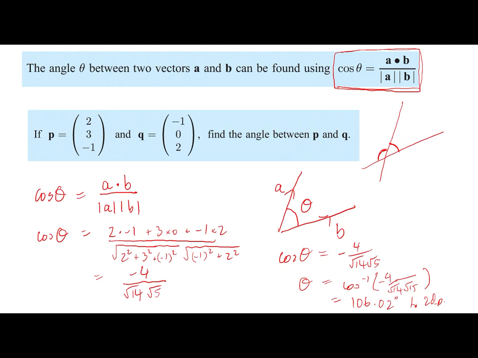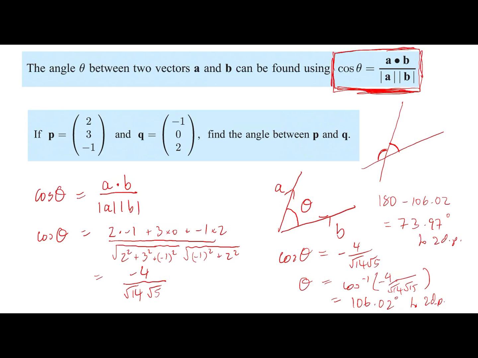So clearly we've managed to find the obtuse angle. The acute angle is simply going to be 180 minus 106.02. So 180 minus my answer equals 73.97 degrees to 2 decimal places, if they want the acute angle.